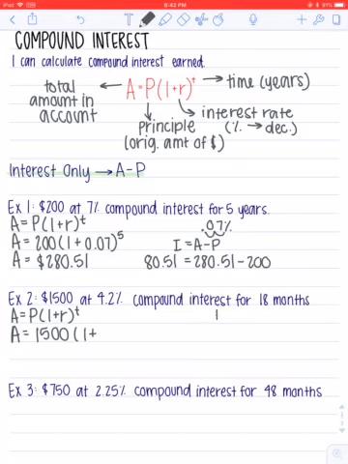So that would be 4.2%. Remember, when there's a decimal in my percentage, I have to shift from where the decimal already is. So it would be plus 42 thousandths to the power of T, which in this case was given me as 18 months. But you know that that needs to be in years, so we're going to do 18 divided by 12, which gives us 1.5, which is our exponent.